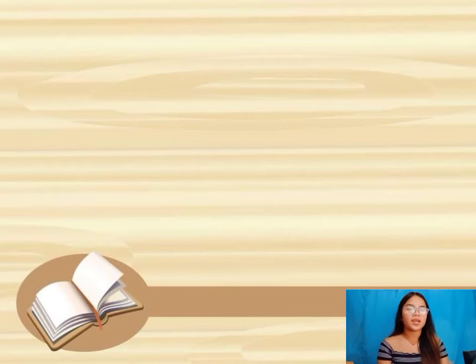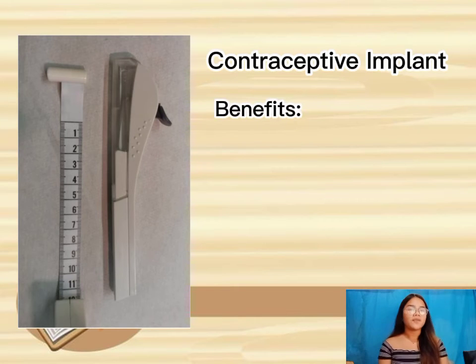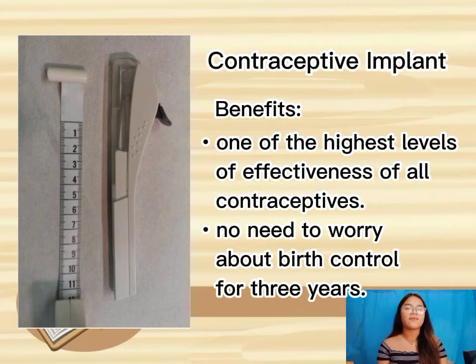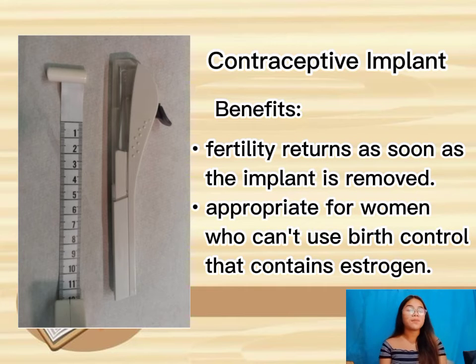The fourth type is the contraceptive implant. The benefits of it are: first, one of the highest levels of effectiveness of all contraceptives. Second, no need to worry about birth control for 3 years. Third, fertility returns as soon as the implant is removed. Fourth, appropriate for women who can't use birth control that contains estrogen.